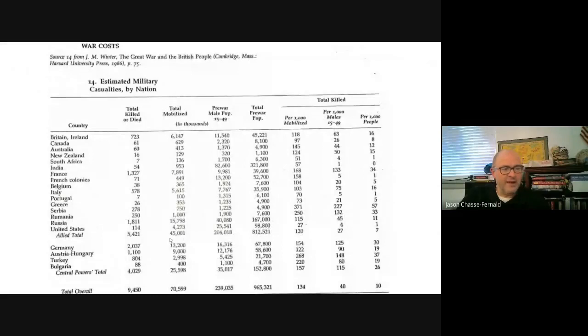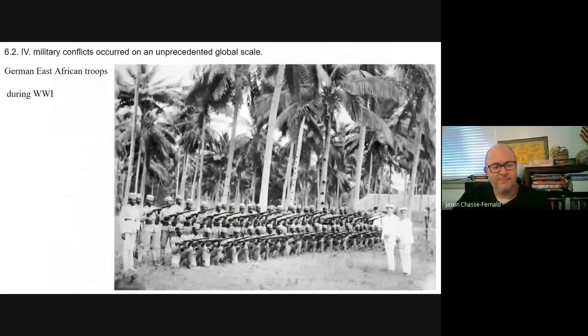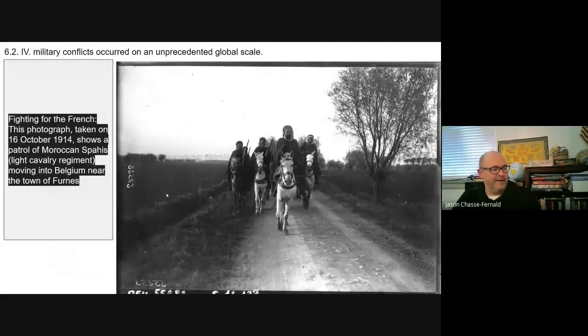Right, total mobilized, 45 million troops mobilized by the Allies, in large part due to industrialization, urbanization, and colonization, right, and imperialism. Whereas the Central Powers could only come up with just over 25 million, a massive number advantage because of colonization, right, and industrialization and urbanization.